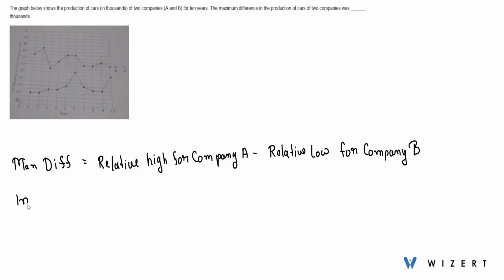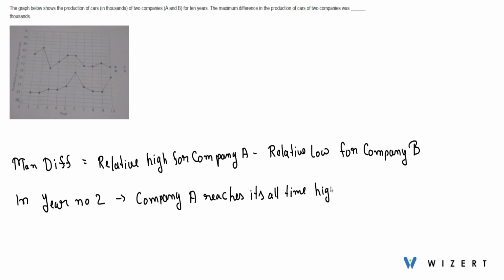So in year number 2, company A reaches its all-time high value of production, which is 45,000.